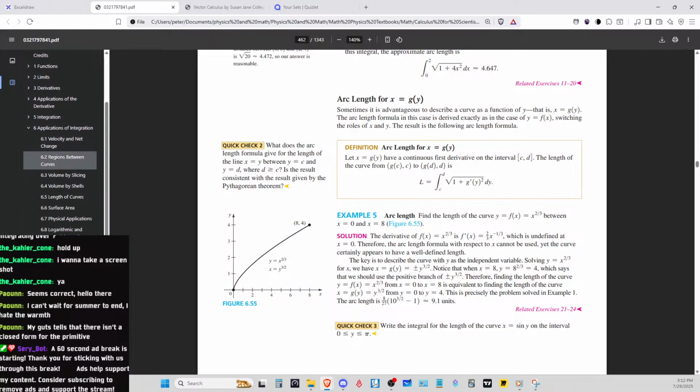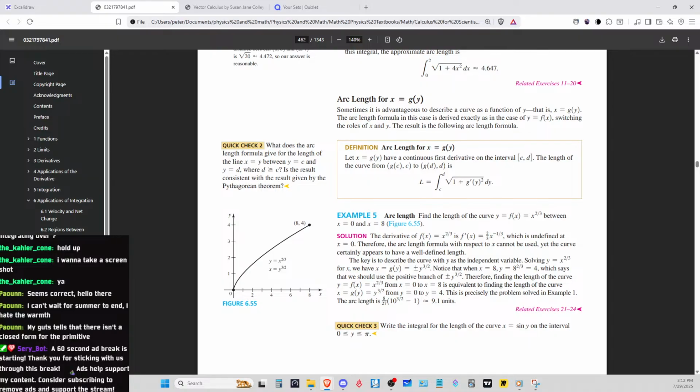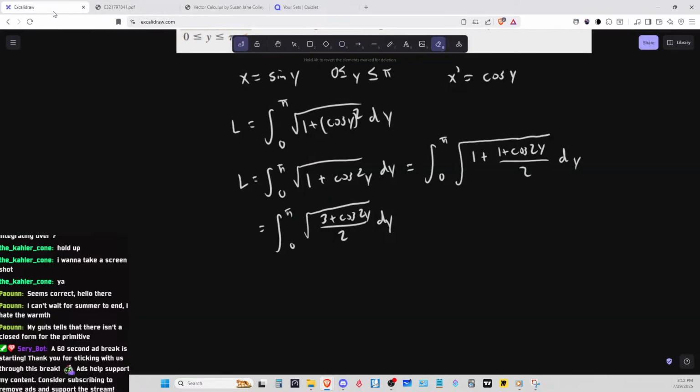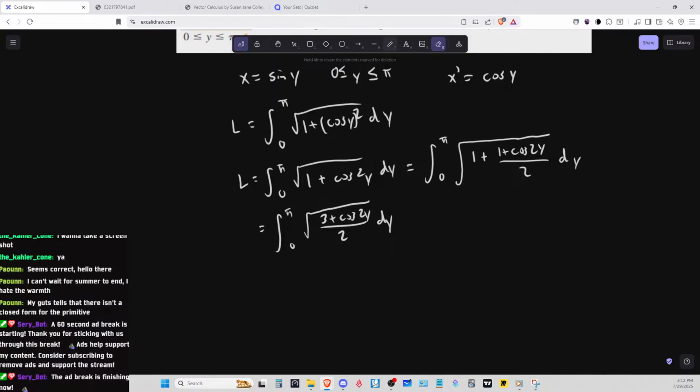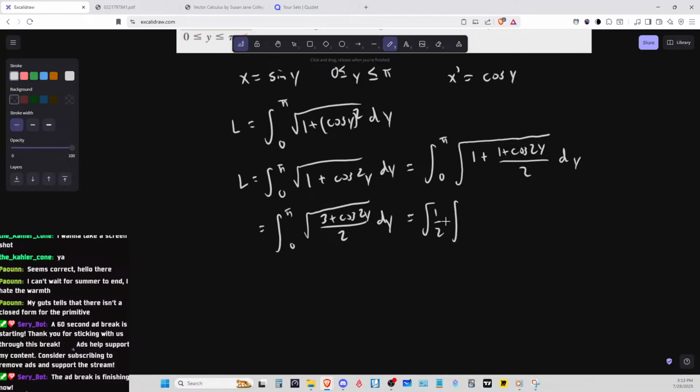Yeah, we don't have to know the integration techniques. So what is it that I'm missing? I mean, the only thing I can think of is, I mean, we can take this out.